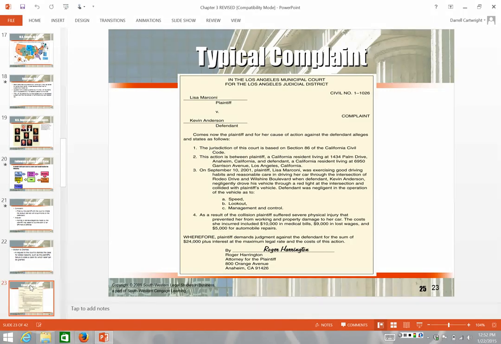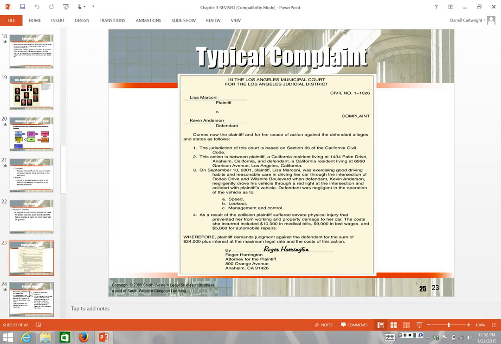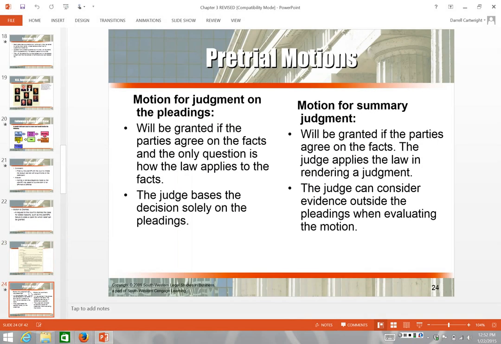And then at the end you have the wherefore paragraph, it's called a prayer or prayer for relief, in which the plaintiff asks the court to grant certain relief that they're seeking, usually monetary damages in a typical type of lawsuit. And there's a couple of examples of pretrial motions. You can read that and review.